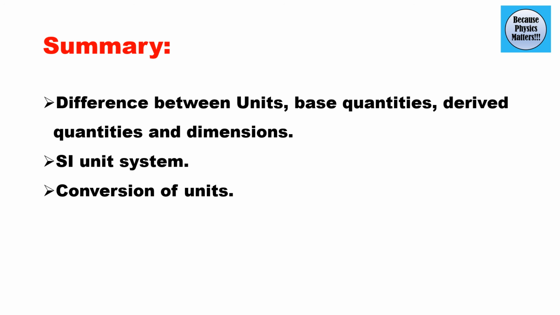Then how to convert units from one unit to another, like kilometer to meter, second to millisecond, or other units of the same type. And then dimensional analysis. So these are the important points of this video.